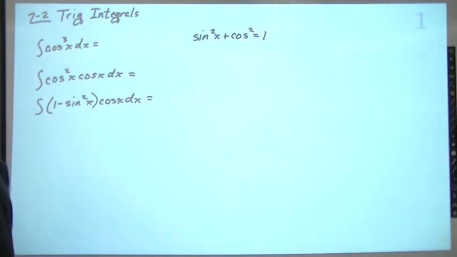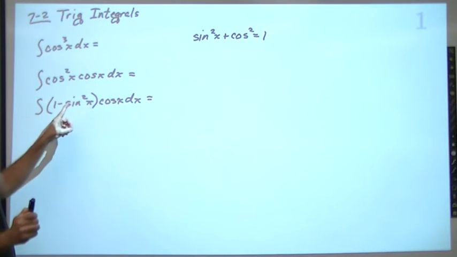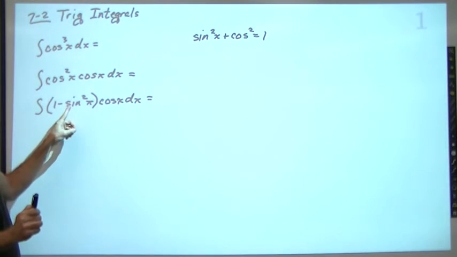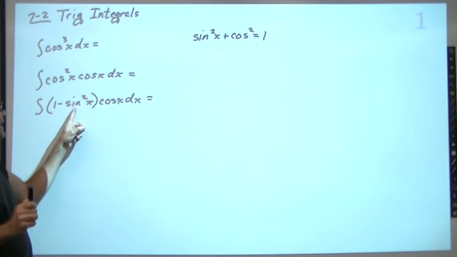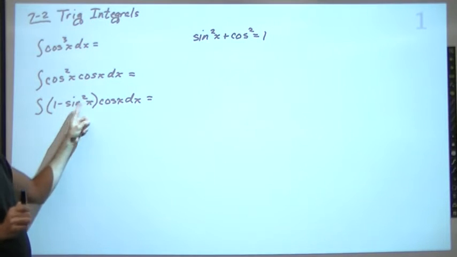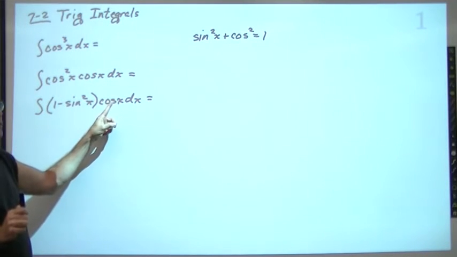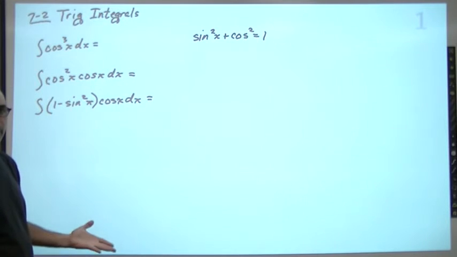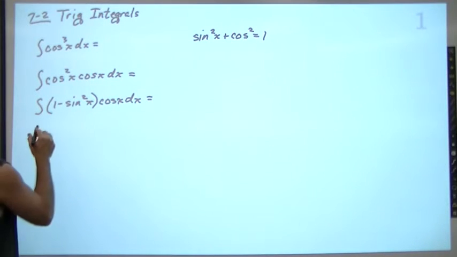Now I'm ready for a u substitution, because notice, if I let u equal sine x, then du is cosine x dx. Bam!